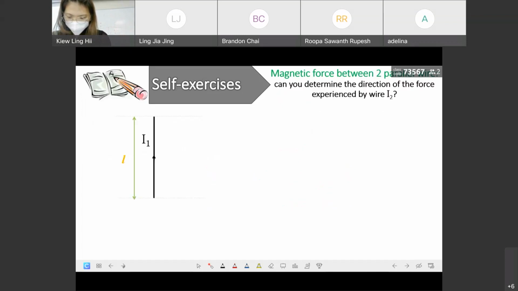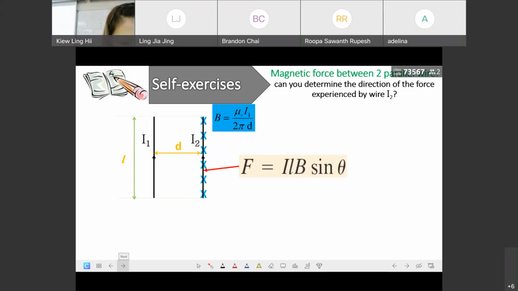Okay, so the force between two parallel wires, I will cover it during tutorial workshop time. So what I need you to do now is to get yourself familiarized with how to find the direction. These two topics have been recognized as the hardest topic in semester 2.